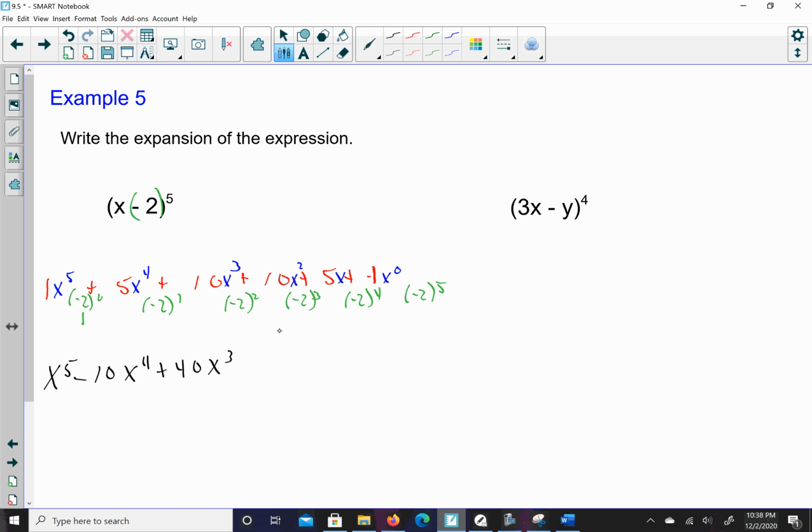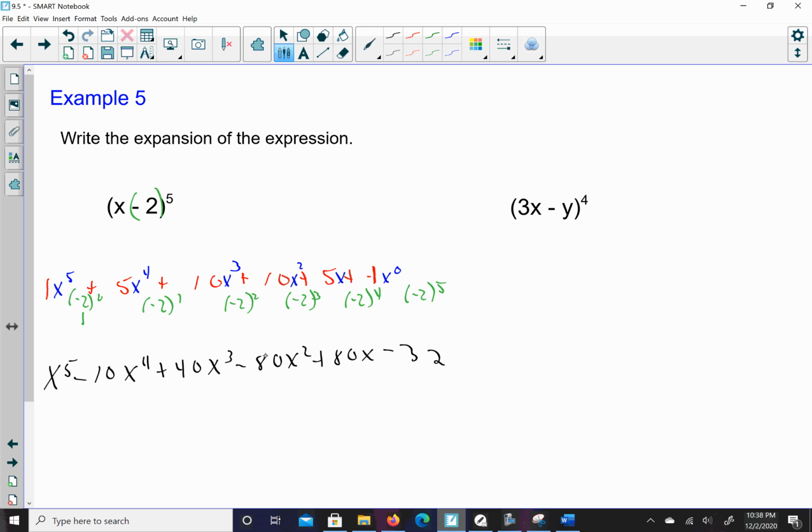Negative 8, negative 80 x squared. Positive 16 plus 5, so positive 80x. And then negative, because it's raised to an odd power, and that's going to be 32. And that's my expansion. So that's without doing the boxes. It's just doing term by term.